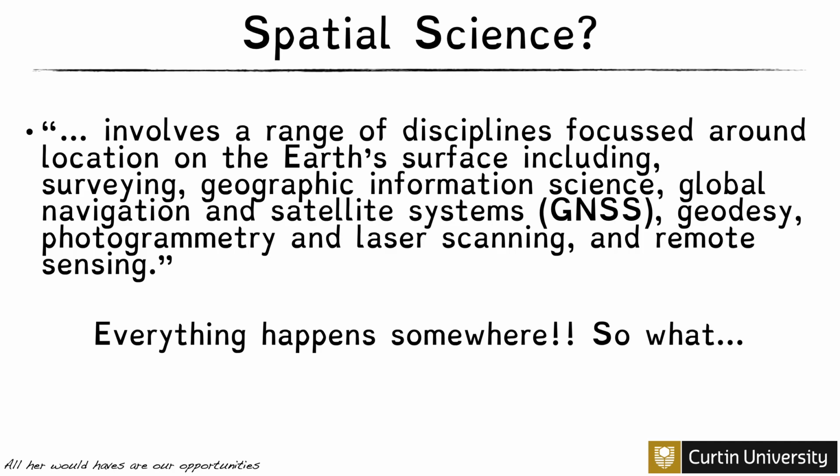It's important to keep in mind that everything happens somewhere. Yes, everything happens somewhere. And I know you're going, oh, David, we know that. Yeah, you do, we do. But it's only in the last few years that we've really become quite adept at using this kind of information to help us process things.